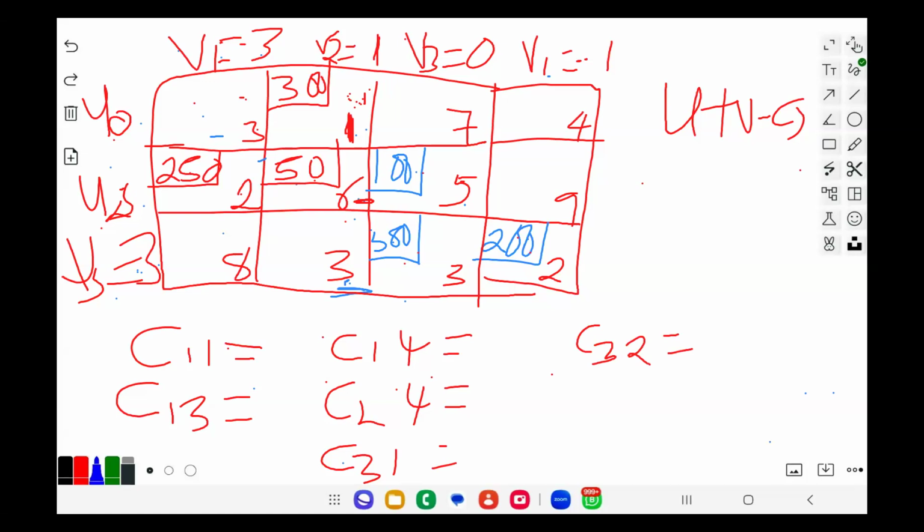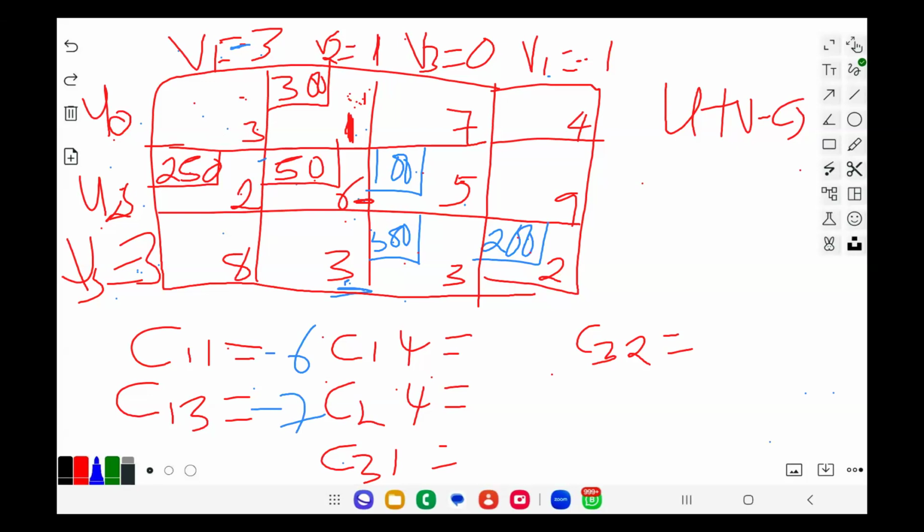C11 on 3: 0 plus -3 minus 3, this will be -6, right? On 7, 0 plus 0 minus 7, it will be -7.